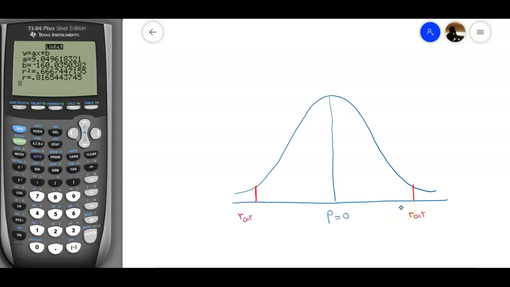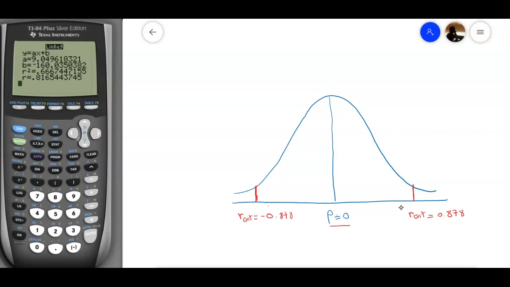Okay, so I already wrote this chart. Basically what we have, rho equals 0 is over here in the middle, and we have the R criticals, right? So the R criticals we find are plus or minus 0.878. So this is a negative 0.878, and this is a positive 0.878. Now what is the meaning of the R criticals?